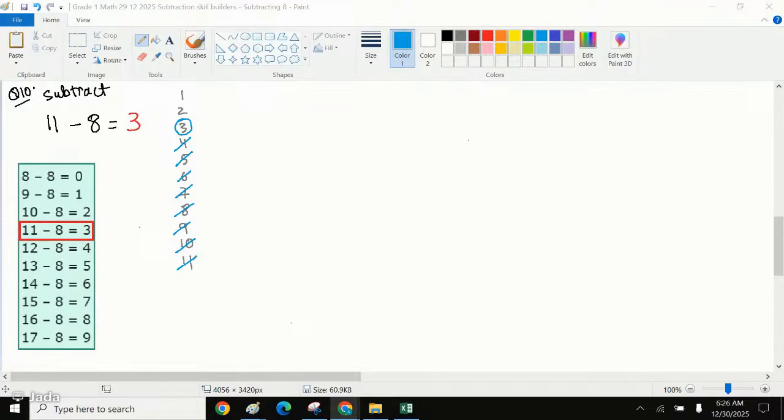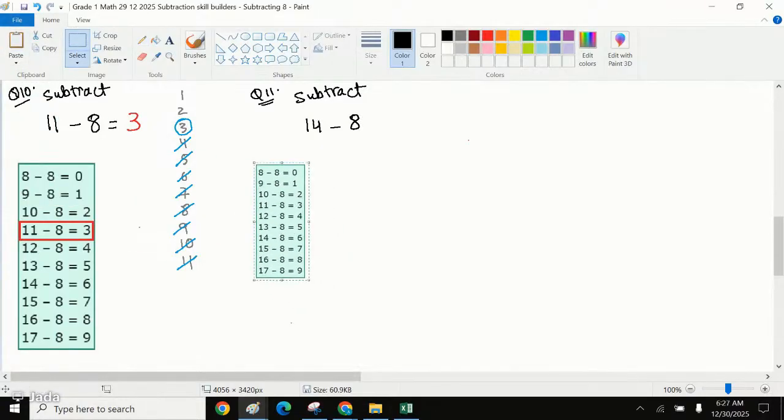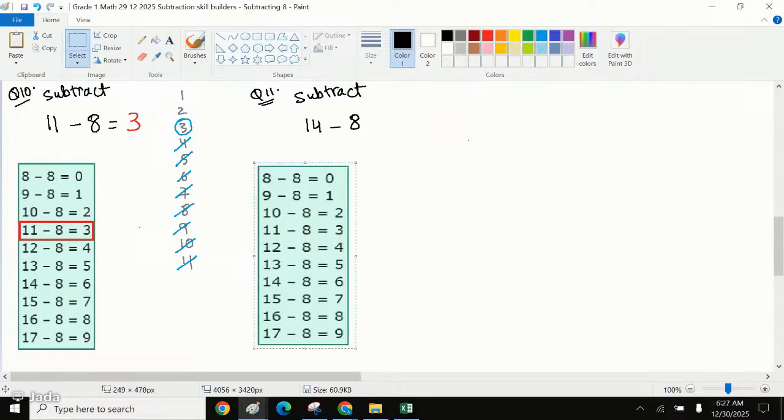Okay, the next question is a very similar question. Question number 11 says, subtract 14 minus 8. And we know from the grid that 14 minus 8 would always be equal to, can we have the answer?